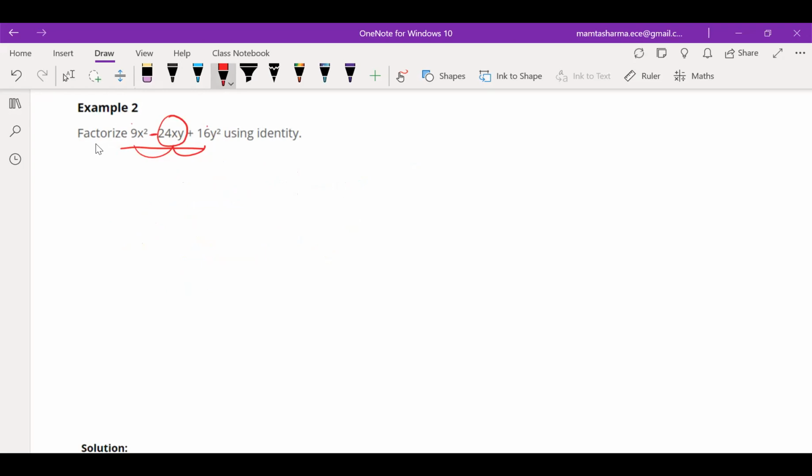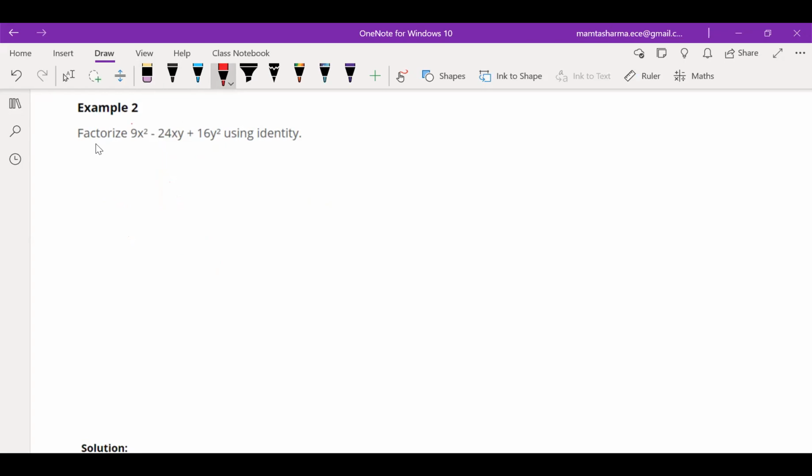So we can take it directly as (3x plus 4y) whole square. No, this is wrong. We should take the same 3x but minus 4y. Shubhra, your method is wrong. Yes, okay, ma'am.